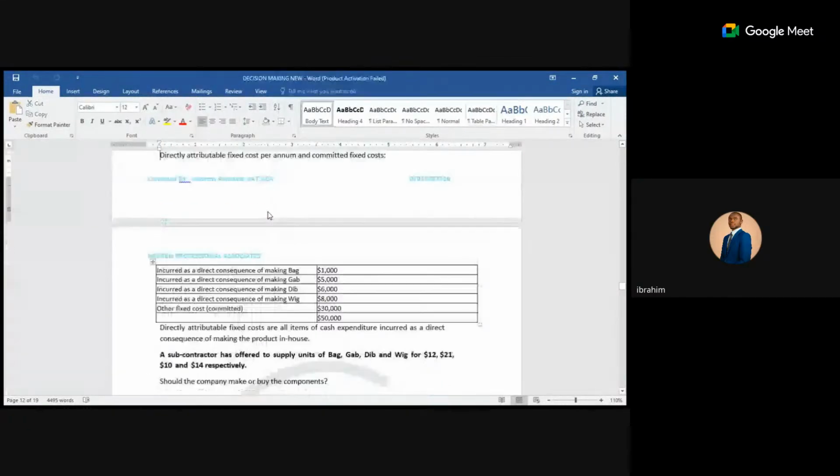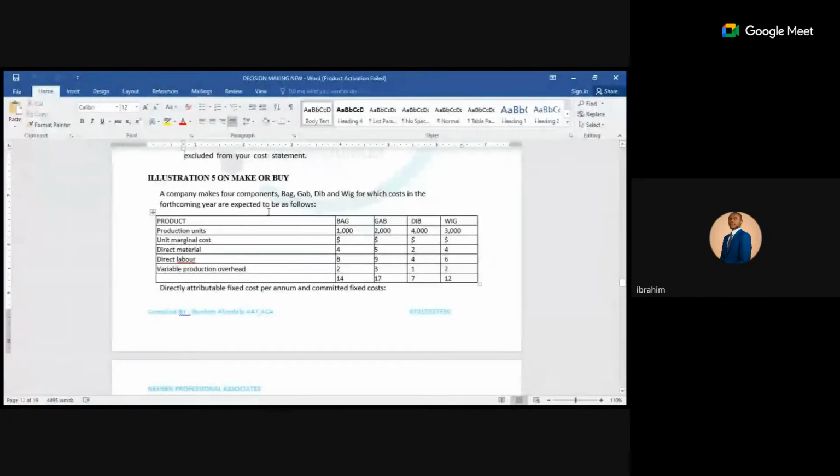When you want to produce a product, you will need components. You will need raw materials, right? So that raw materials, should we produce them internally, or we buy them? Which one? It now depends on the cost.